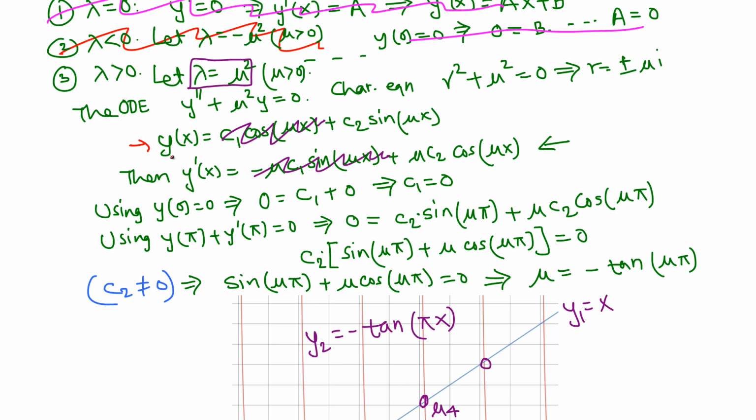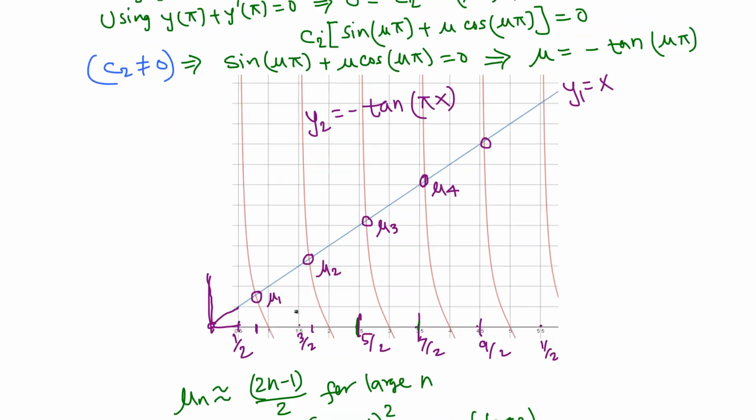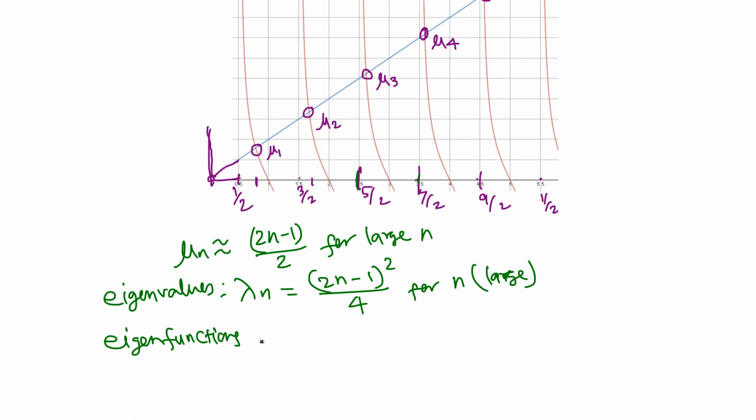The solution y is given here, c2 sin(μx), and these are arbitrary constants, so we can get rid of them: sin(μx). So we can think yn = sin(μx), where μ we found for large n, (2n-1)/2, so yn = sin((2n-1)x/2). These are the solutions for n large enough, and these are the eigenpairs.